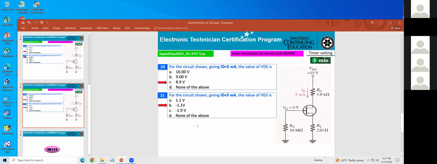Whatever basically Technician 1 needs to know on the basics. Then JFET and MOSFET. And the last one will be active filter, but not too much.